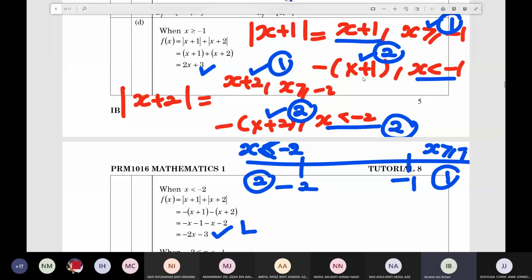So here is the linear function, okay? And the first function here, when x here greater than or equals to the -1, the linear function.